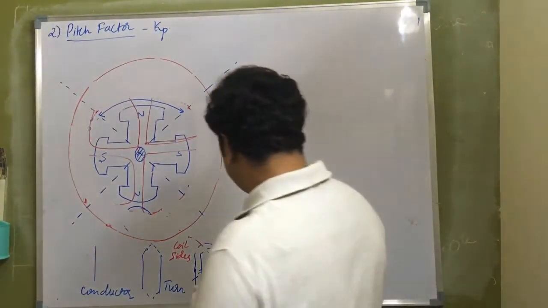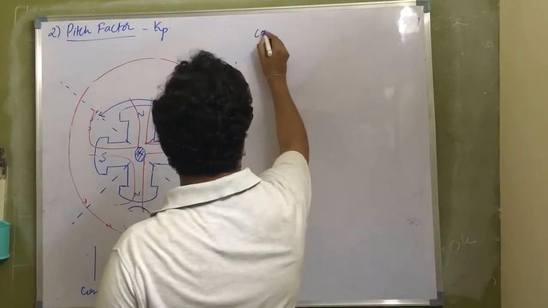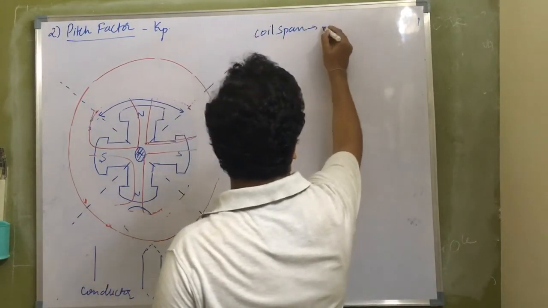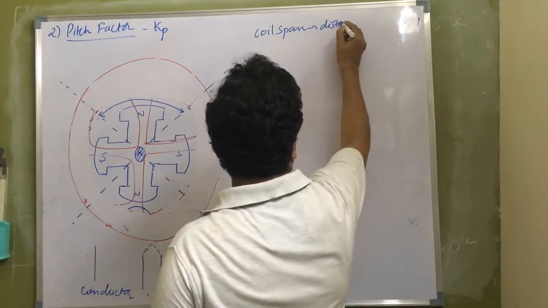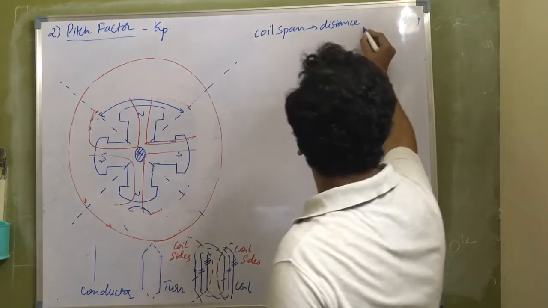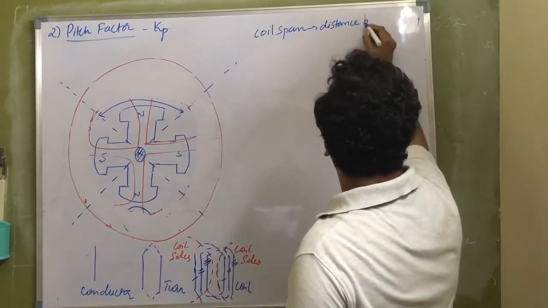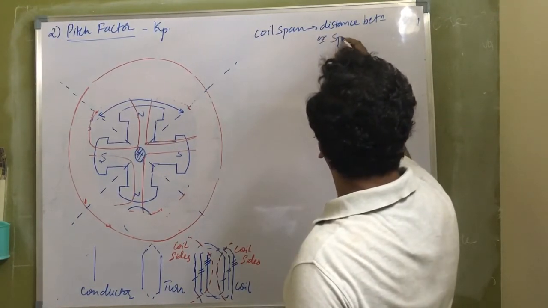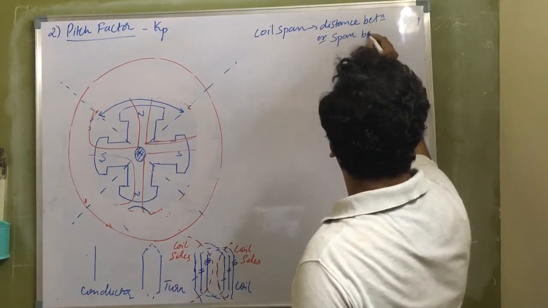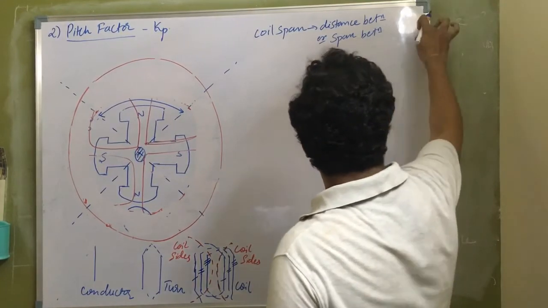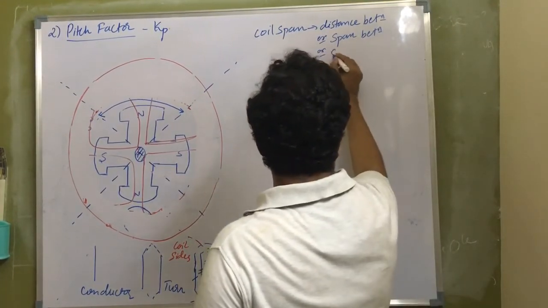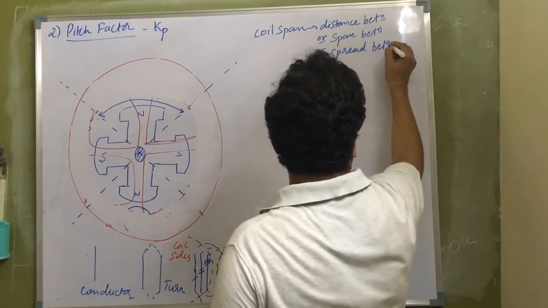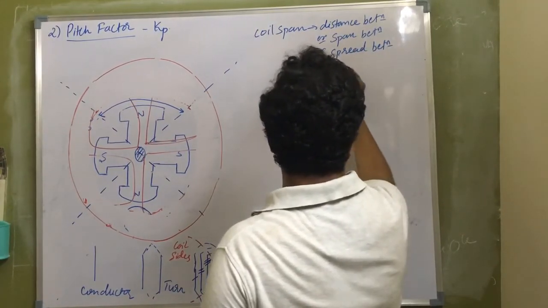What is coil span? It is the distance or span or spread between two coil sides.